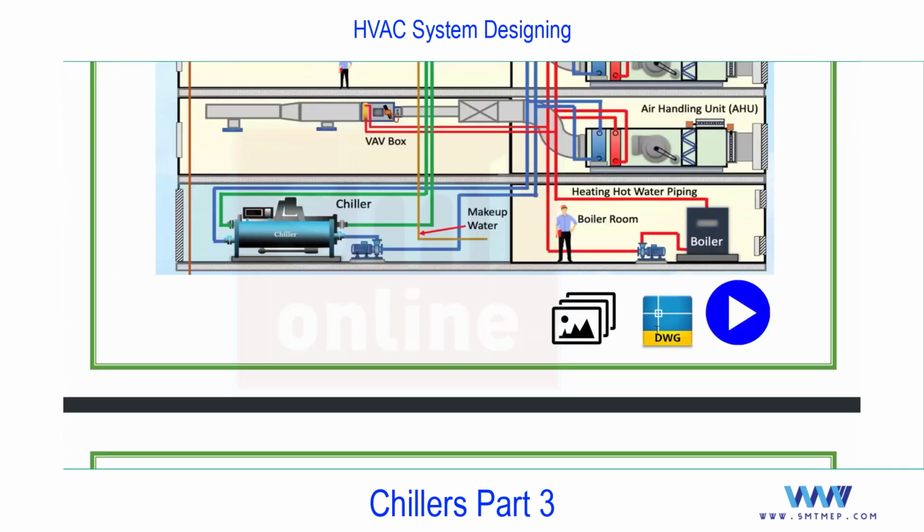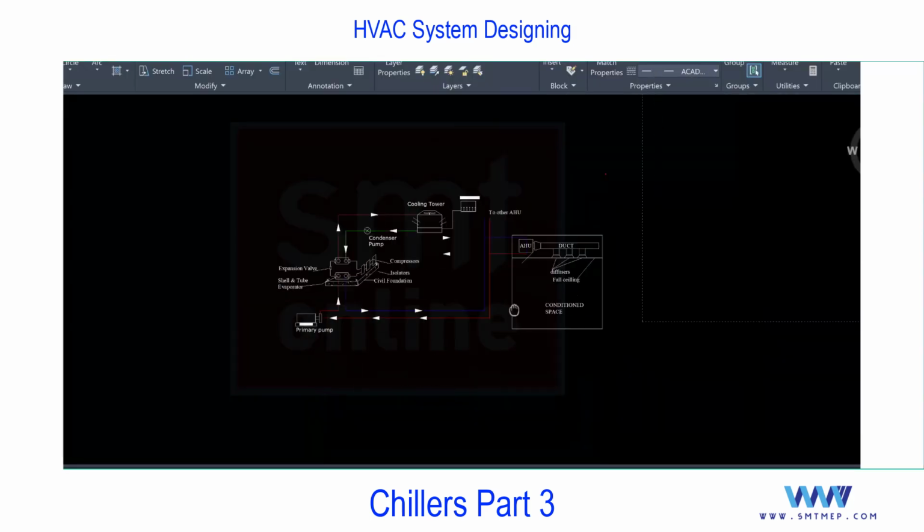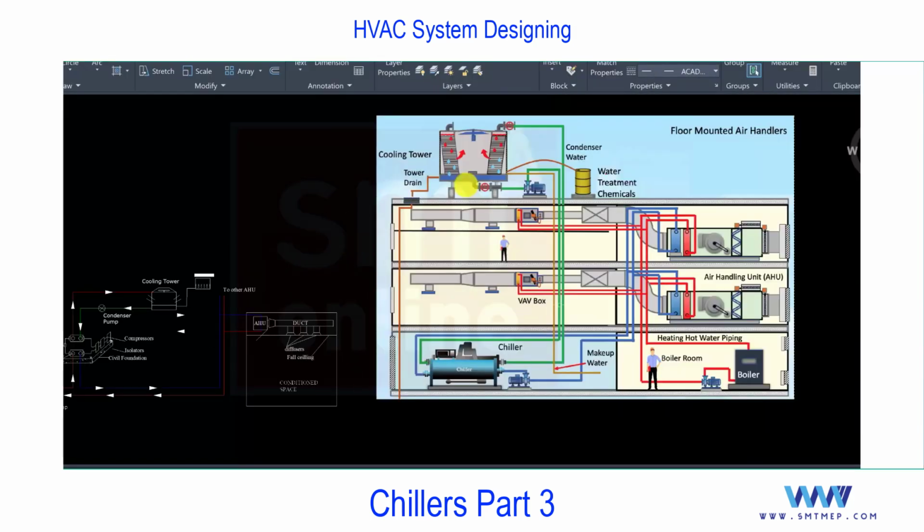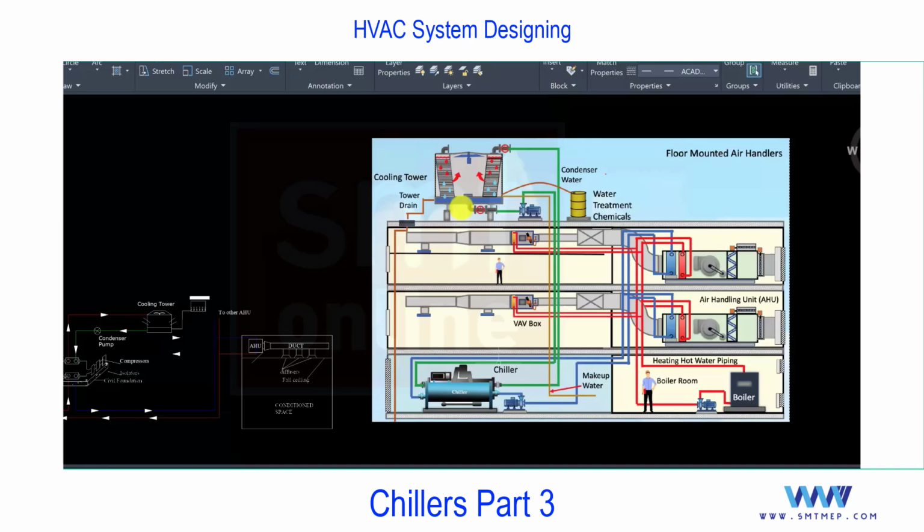We'll try to understand with the drawing. First of all, with this image, what are the additional components? This green color line is the condenser piping. So you'll find an additional cycle. And this cycle from the chiller is connected to, you see, a cooling tower. The cooling tower is a simple construction. The cooling tower is used to cool the water, and the concept is evaporative cooling, like an air cooler.